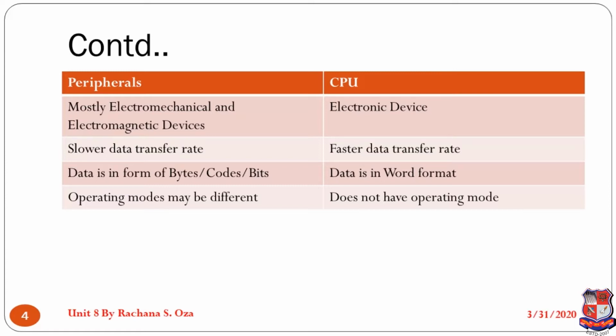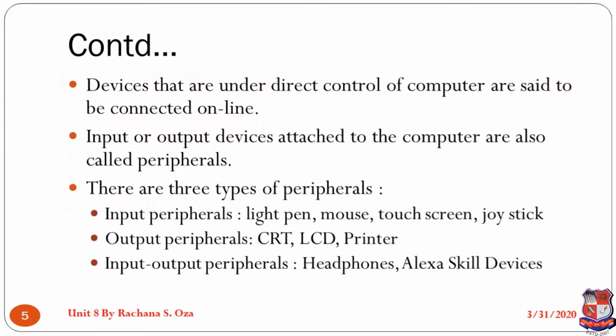Peripheral devices are electromechanical or electromagnetic devices. They can be operated with various operating modes, while the CPU cannot be operated in any operating mode. In this slide you can see that the devices that are under the direct control of the computer are connected with some set of lines.